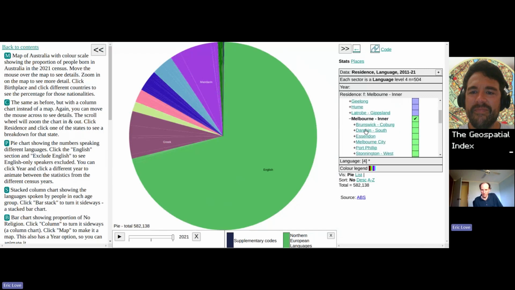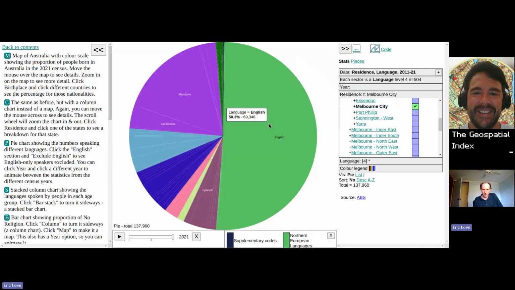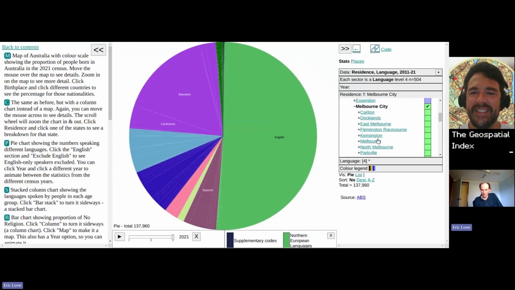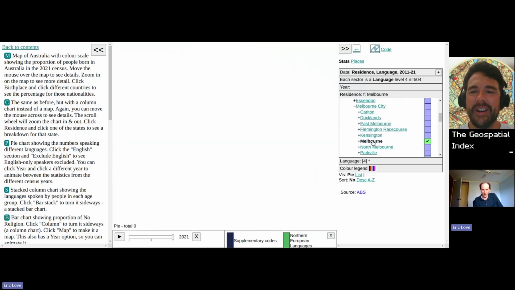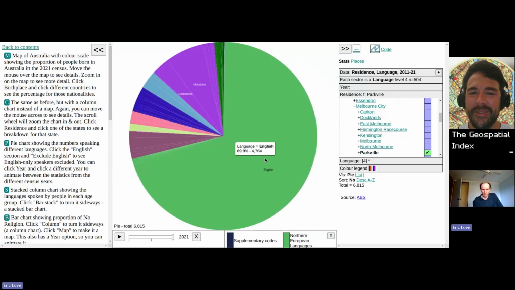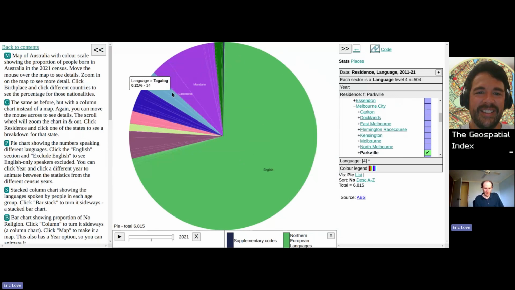Maybe the inner part of Melbourne inner, so Melbourne City, which is then you're down to there. If you go one in further, and this is now Parkville, that's where I lived when I studied at Melbourne Uni. That would be interesting. Okay, so that's what it is there. And so yeah, a lot of Chinese, but a good mix of Indian.